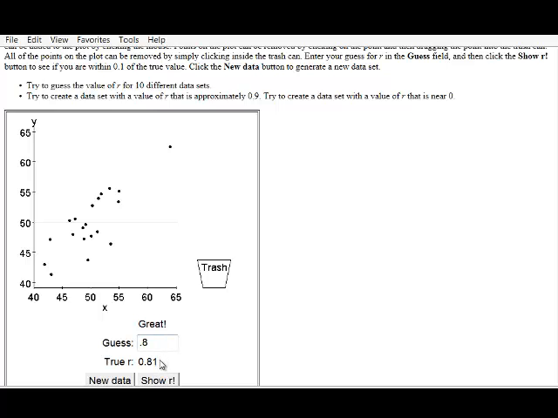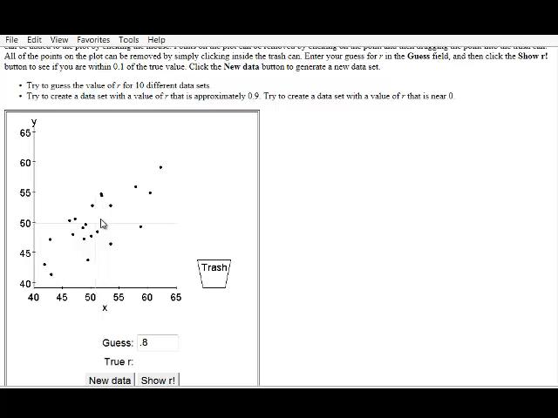And if you get close enough to the correct R value, it'll give you a nice little message here. If you miss it, it'll say something like, sorry you missed it. You can also drag these points around to put them in any kind of pattern that you want. And I think if you just click, it'll actually even add a data point. If you want to get rid of some of them, you drag them over here to the trash can.